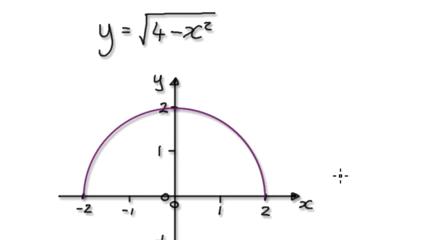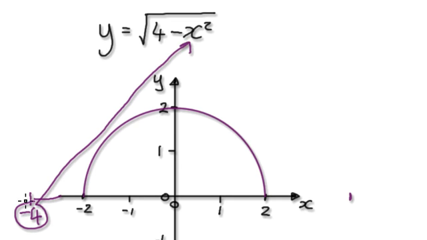Let's say if you put negative 4 into here, negative 4 squared will be positive 16. Then you've got 4 take away that.